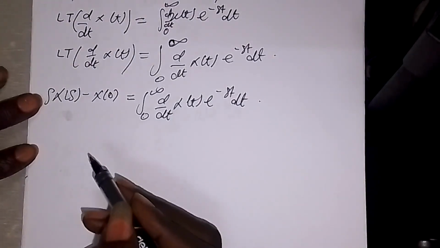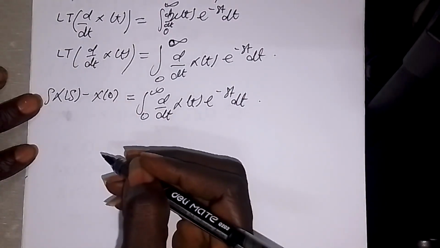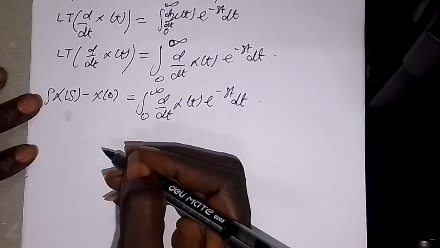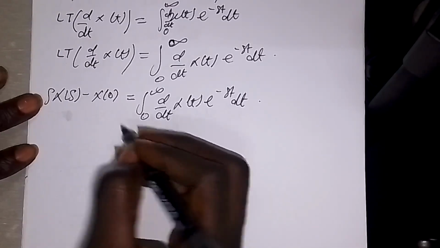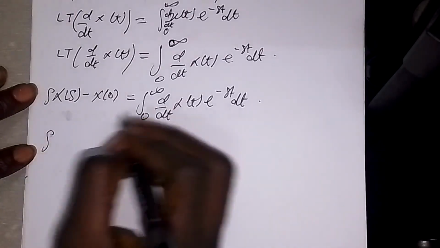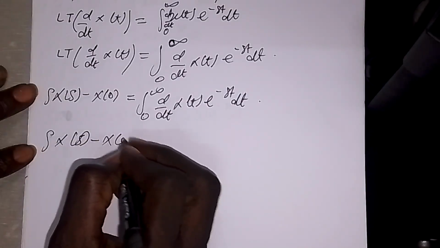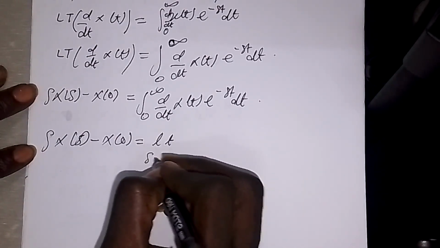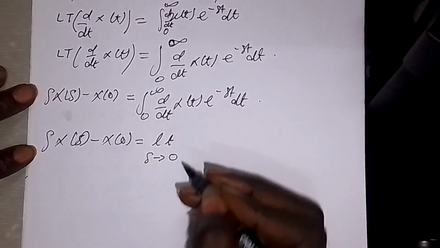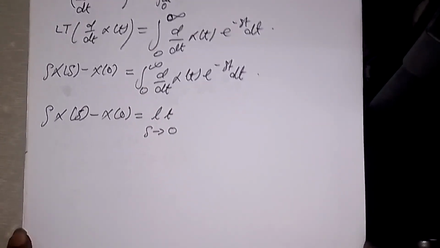Now we have to introduce our limit. Let me rewrite it, as the space is too small. s X(s) minus x(0) equals the limit as s approaches 0 of the integral. Please note the difference: in the initial value, I introduced the limit s approaches infinity.